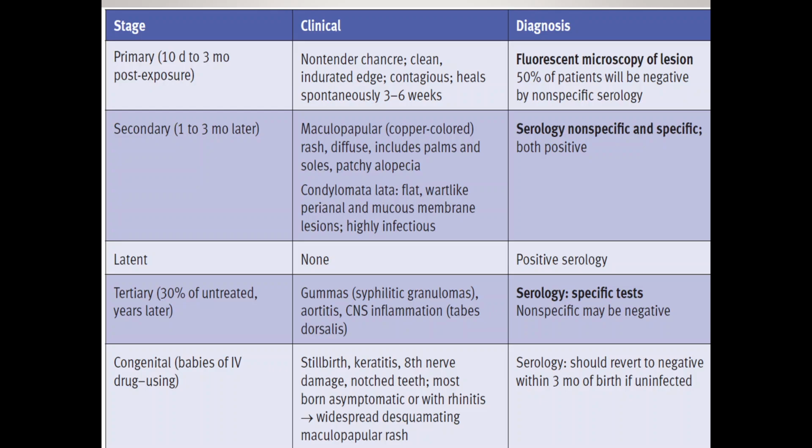Stages of disease: primary stage, clinical symptoms you see on this slide. Method of laboratory diagnosis: fluorescence microscopy of the lesion. 15% of patients will be negative by the non-specific serology reaction of Wassermann, which studies antibodies to cardiolipin antigens.